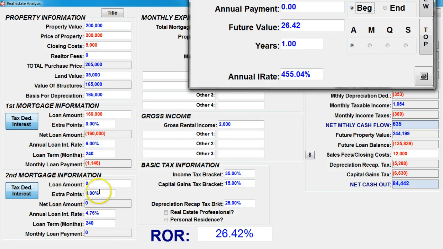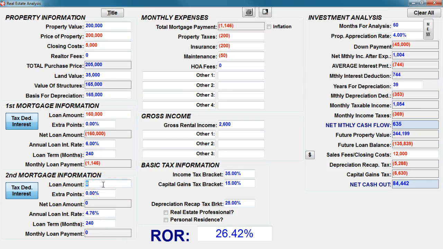So here it is again. We bring in the $40,000. It costs 4.76% to earn 26% on that money, which brings our overall rate of return up to 121%, because we're using other people's money to get that 26% return.